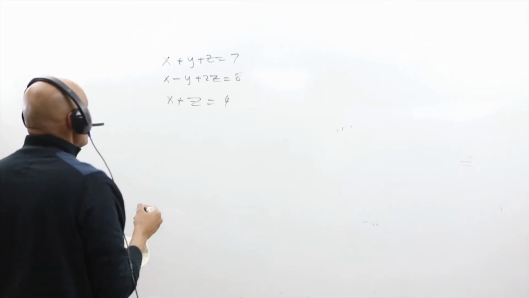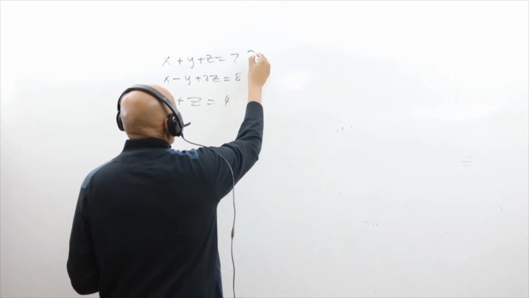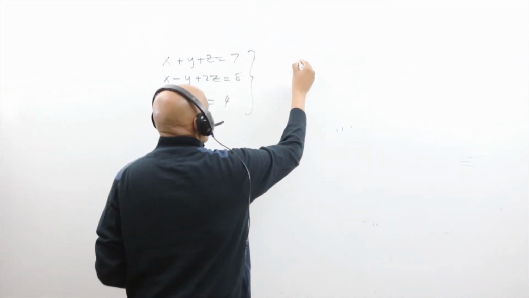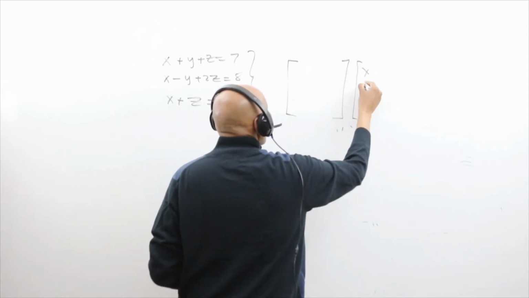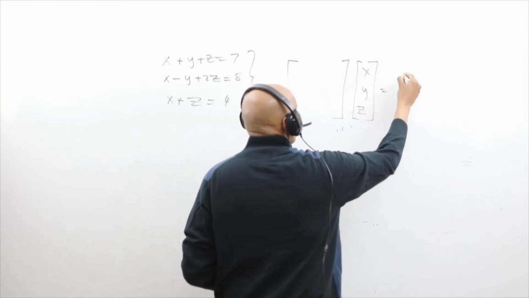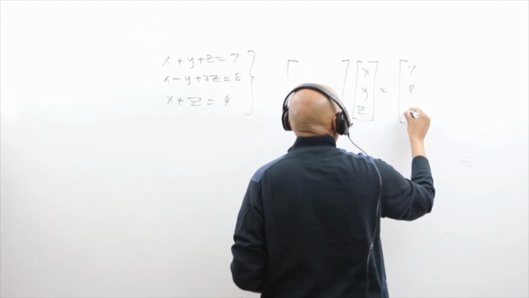Okay, so how do we convert this into matrix form? Basically, we have a 3 by 3 matrix times x, y, and z, and we're going to put 7, 8, 4.